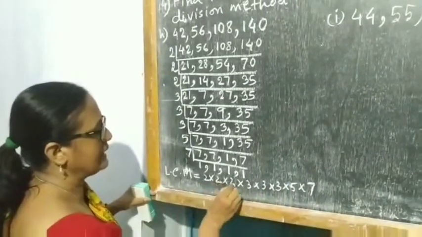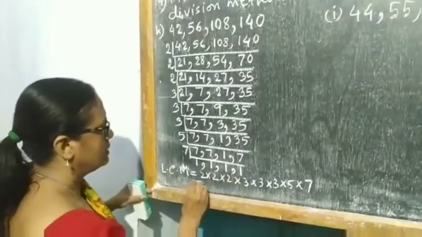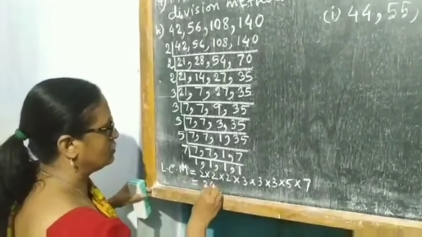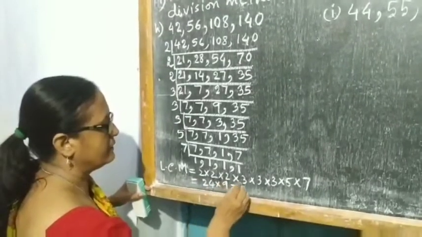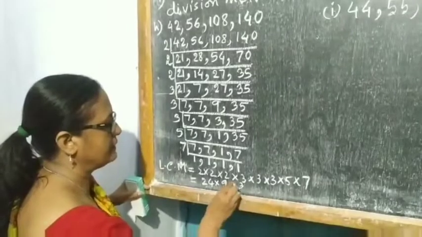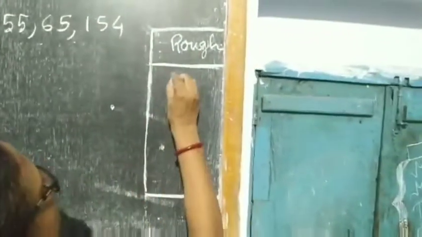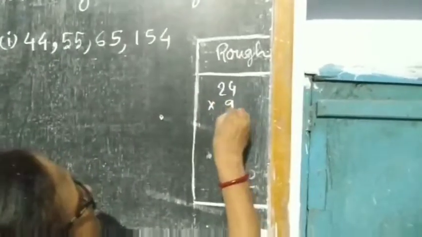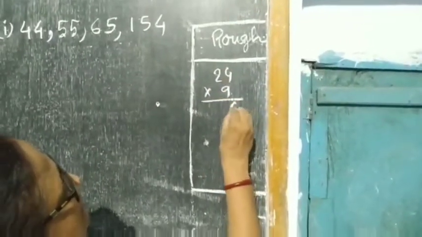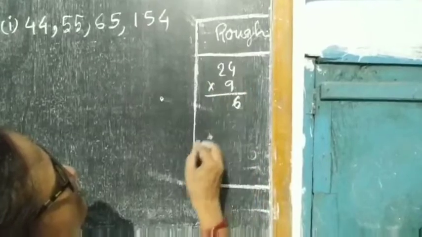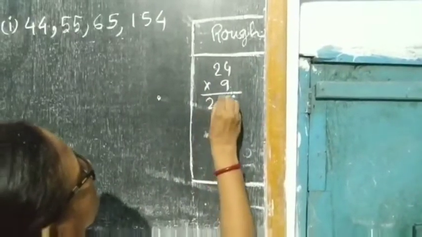So 2 twos are 4, 4 twos are 8, 8 threes are 24, into 9, into 7 fives are 35. So 24 into 9, 9 fours are 36, carrying 3, 9 twos are 18, 19, 20, 21.